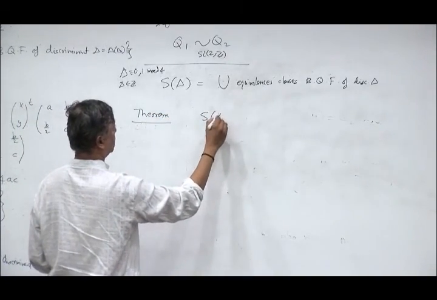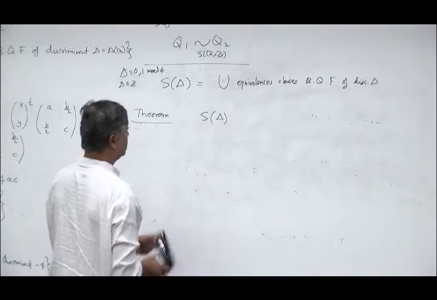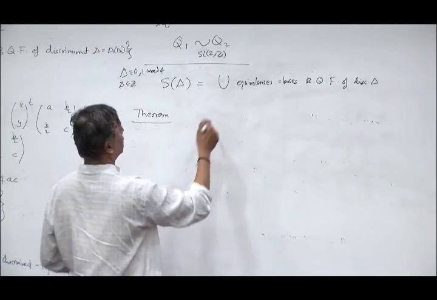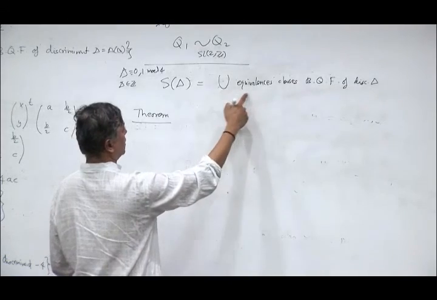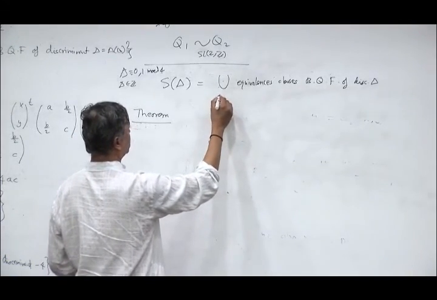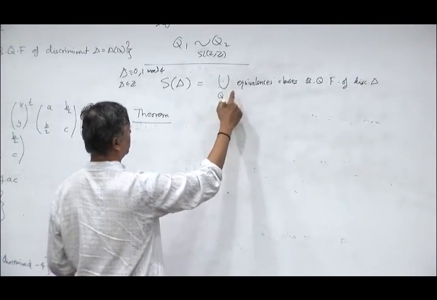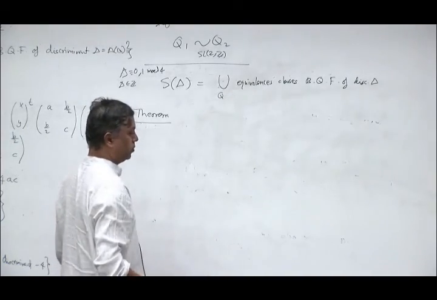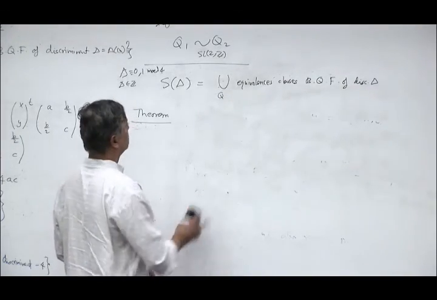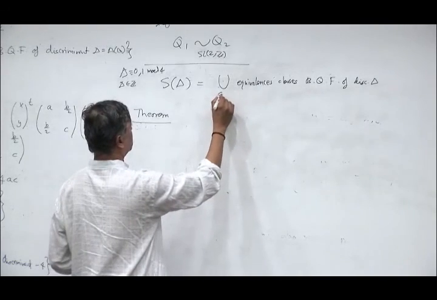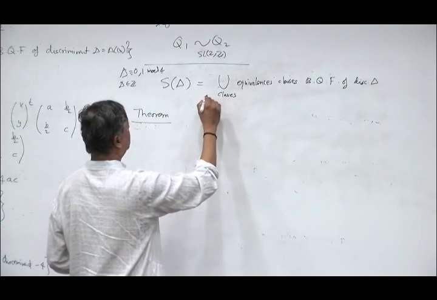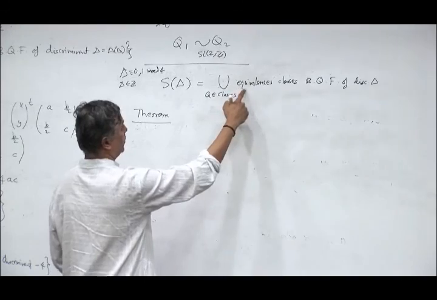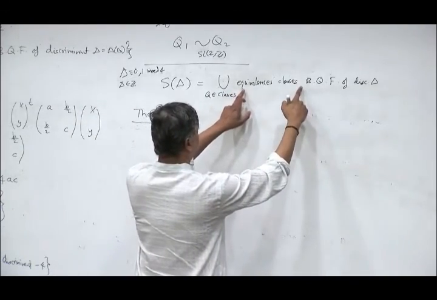S delta. Okay, so this is running over some equivalence classes. So I'm going to call this Q, and I'm going to take the class of Q. Q is in a class, and then I'm taking all elements in that class.